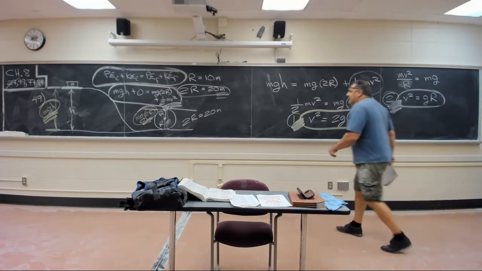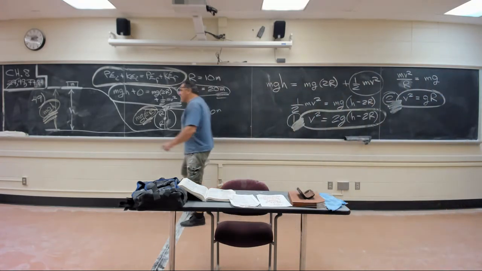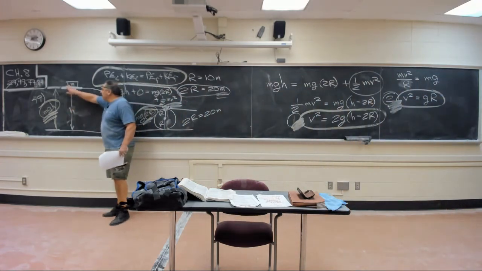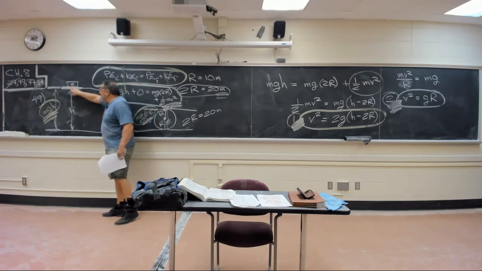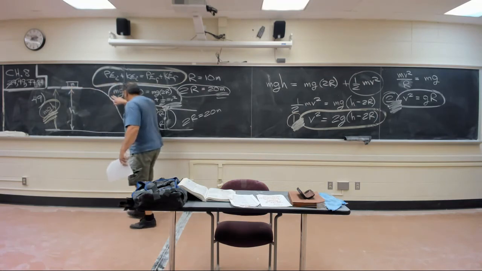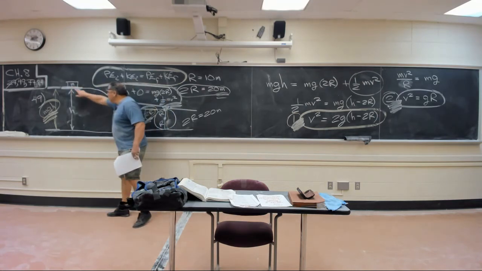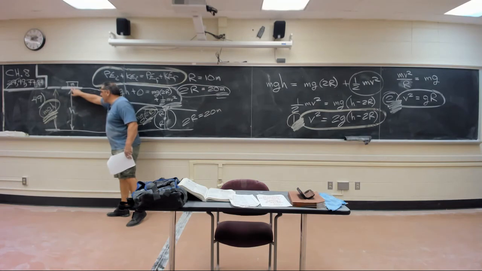The speed at the top, I want to make this very clear. This is very important, actually. This is mgh potential energy, only potential energy, no other mechanical energy up here. It's all potential energy, mgh. At the bottom, mgh is the total energy of the system, period.